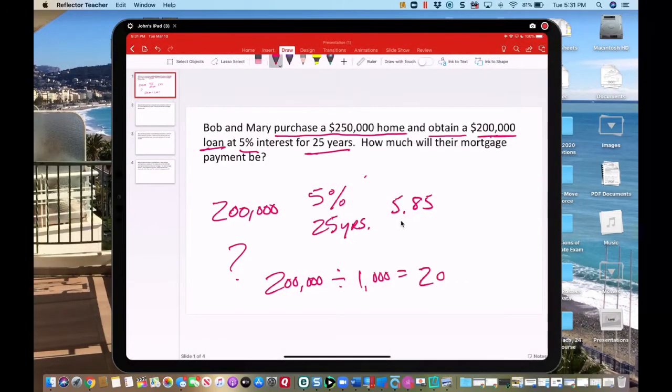That should give us 200. Now, all we have to do is multiply 200 times 585. And that is $1,170. That is the mortgage payment.